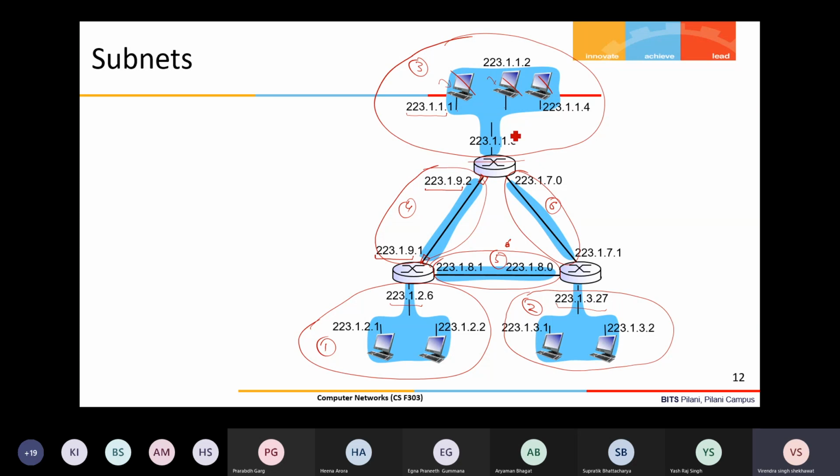So here also, according to the same definition, 2 interfaces are there, one connected to this router, one connected to this router. Each router has 3 interfaces, right? So these 2 interfaces are also forming one network, as the 2 routers are connected.